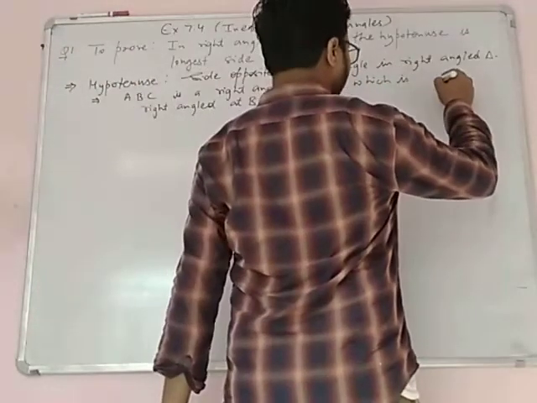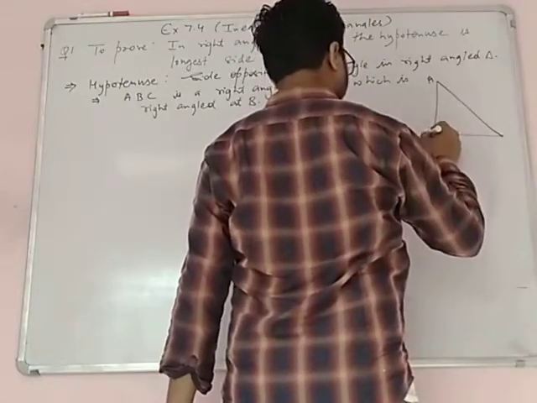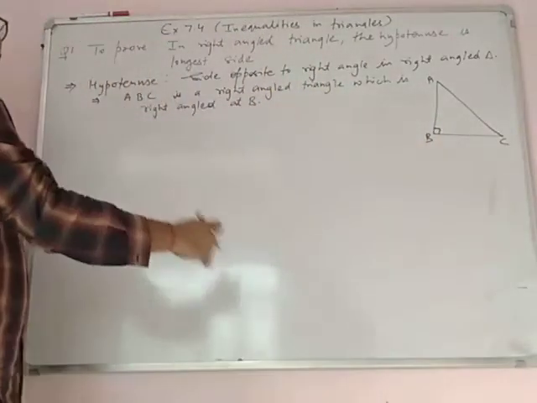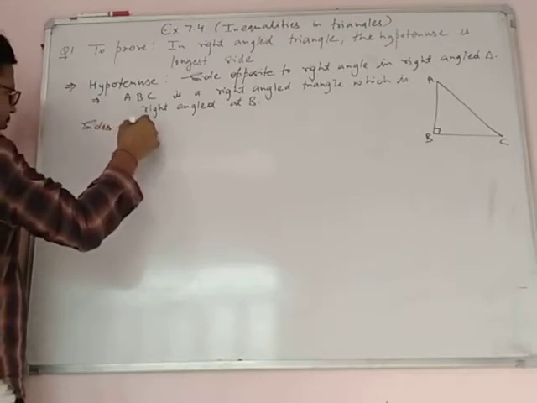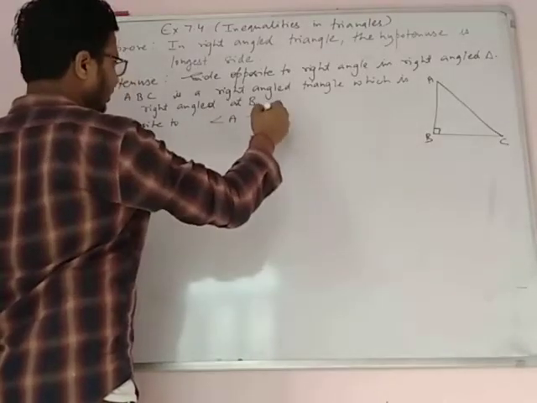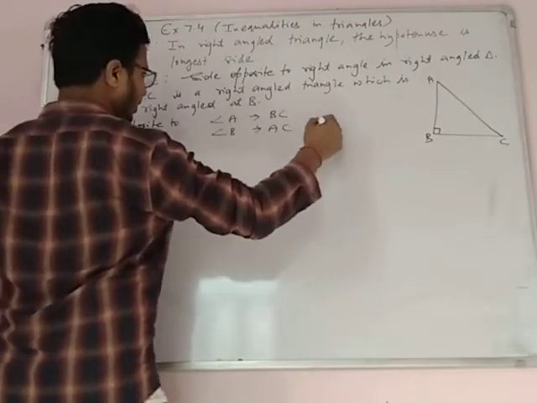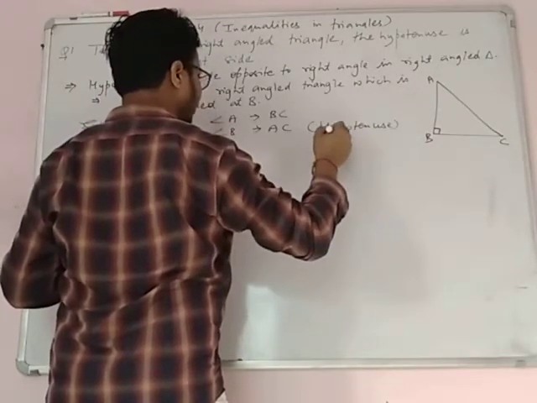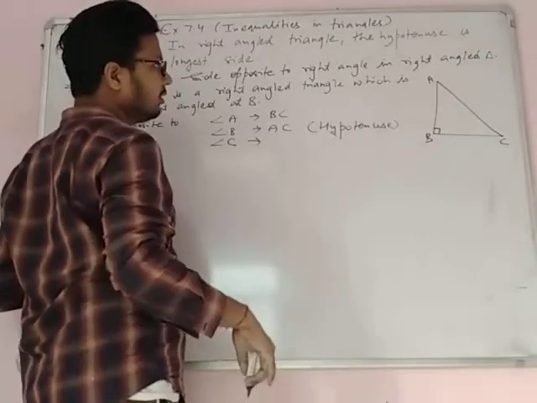ABC एक राइट एंगल ट्रायंगल है, which is right angle at angle B. Now sides opposite to angle A is BC, angle B is AC, which is hypotenuse, and angle C is AB.